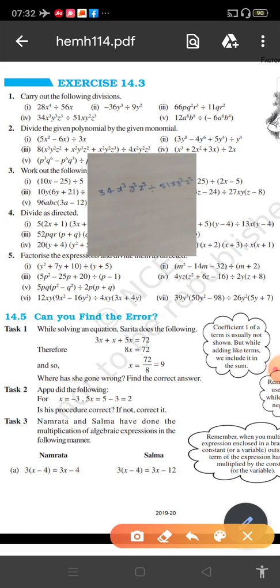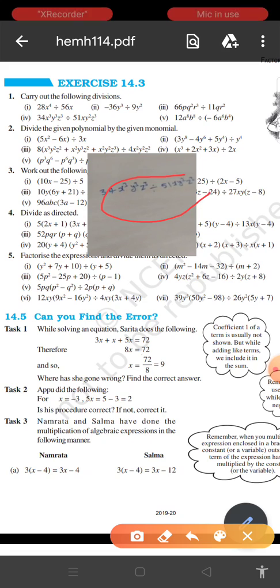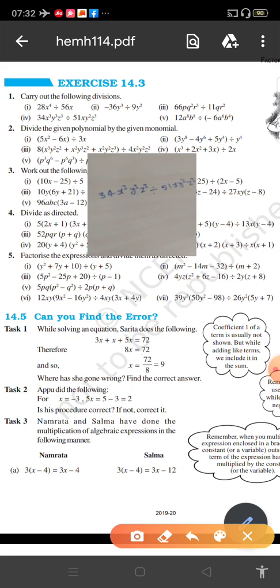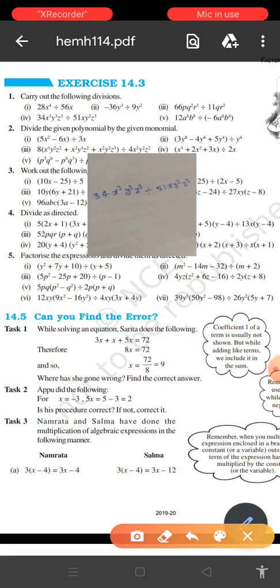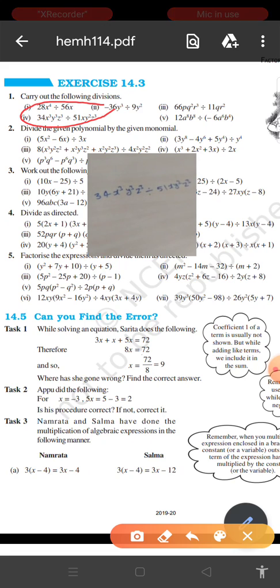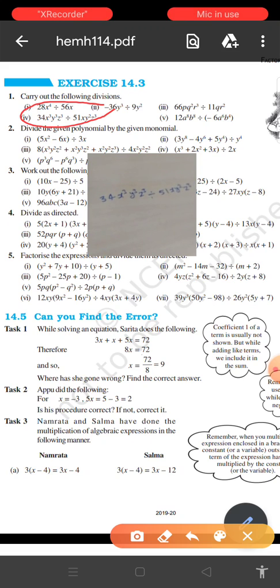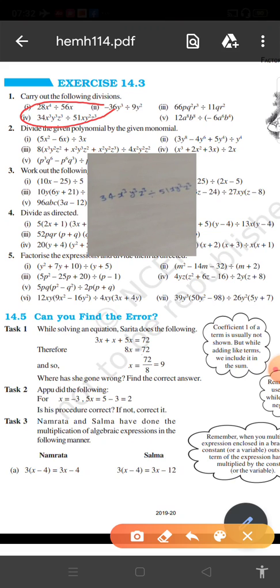So you can see here, this is 34 x power 3 y power 3 z power 3 divisible by 51 x y square z power 3.